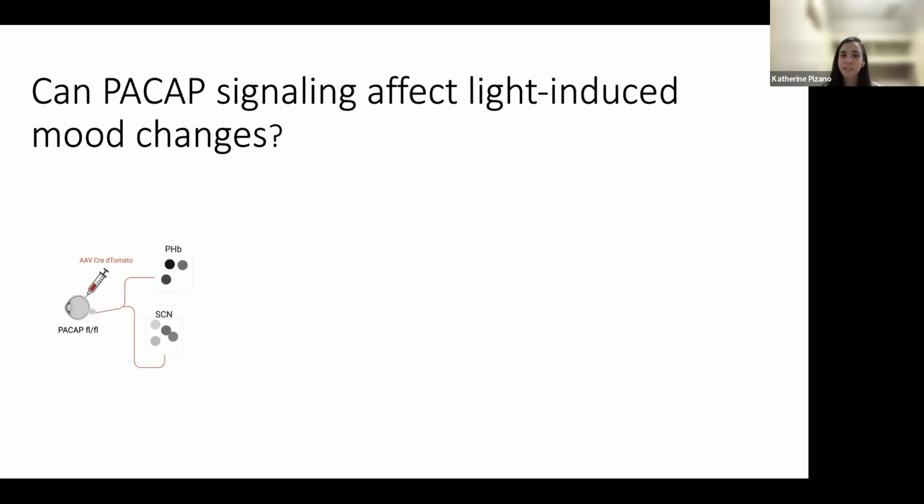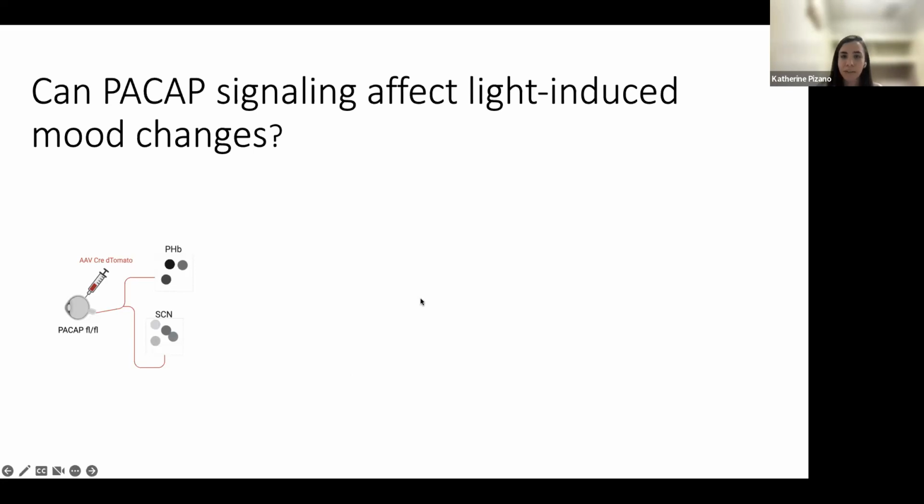So to better try to understand this question, what we want to learn is whether PACAP being released from ipRGCs can have any behavioral effects on the circuit, namely if PACAP signaling can affect these light-induced mood changes. So to test this, we first inject an AAV Cre virus into the retinas of PACAP flox animals, and this allows us to selectively knock out PACAP in retinorecipient pathways.